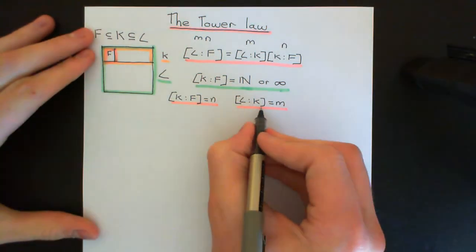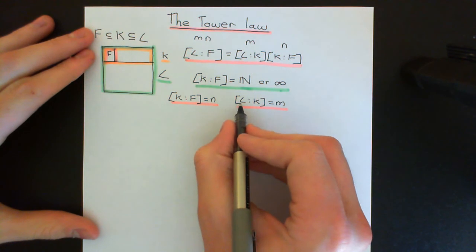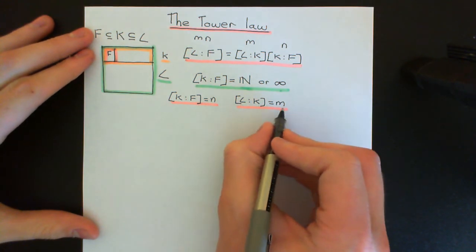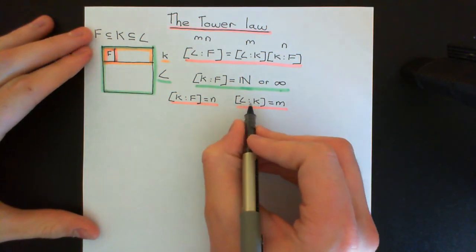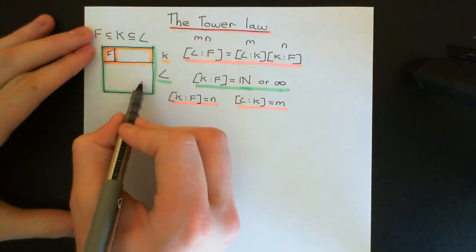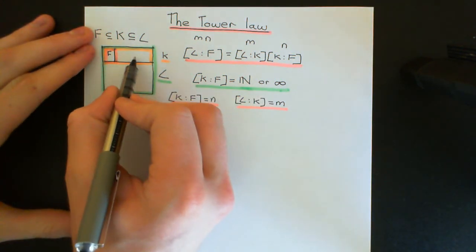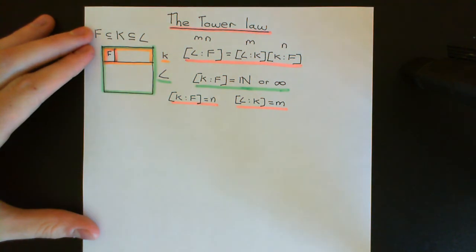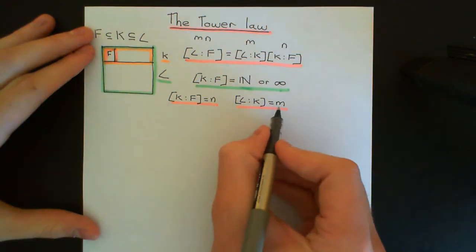Let's start off with L over K here. So the degree of L over K is m. That means that if you view L as a vector space over K, so remember the picture here, we're viewing L, our largest field, as a vector space over K, then we can find a basis for that vector space which has m elements in.